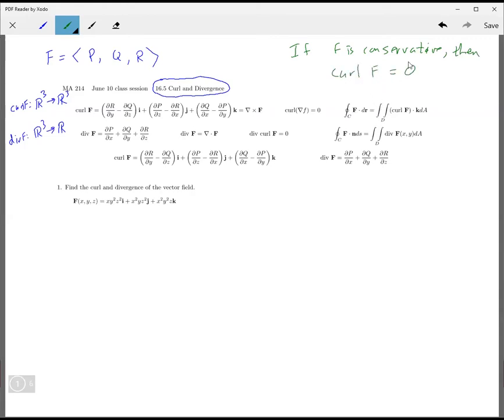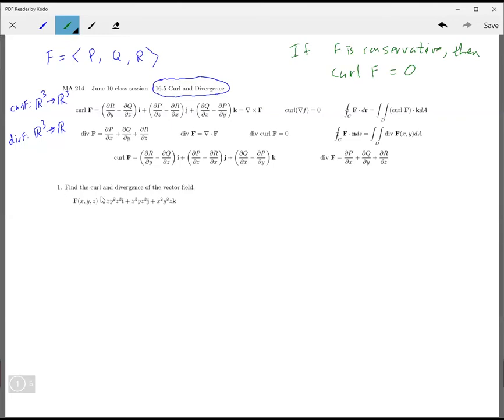And then it goes back the other way for every single case that you're going to see. There are weird cases where you could have the curl being 0 but not being conservative, but for all practical purposes, let's not worry about that. If the curl of F is 0, then it's conservative for everything that you see in this class.